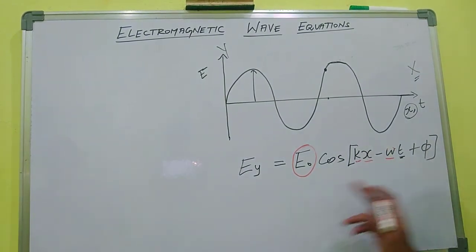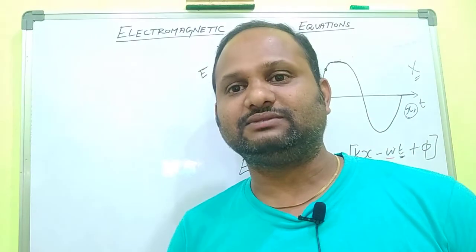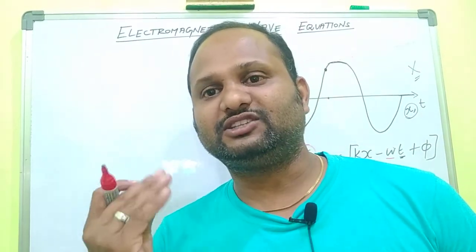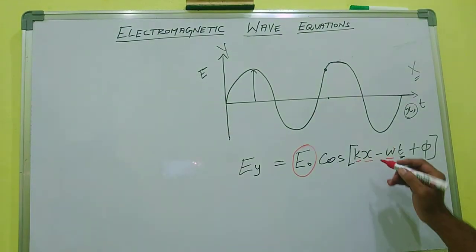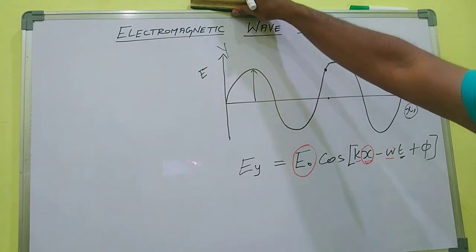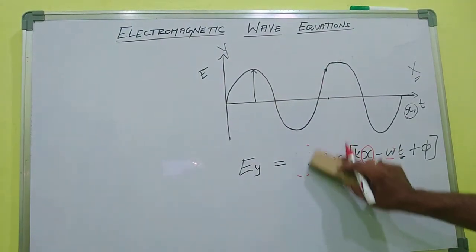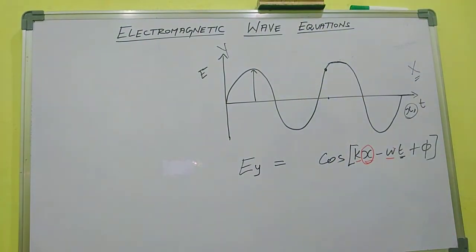In this expression, what are the variables and what are the constants? There are three variables. K is variable? No, K is not variable, K is a constant. X is variable.